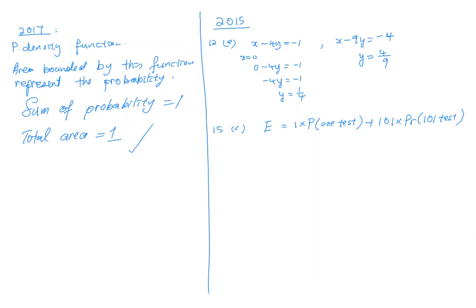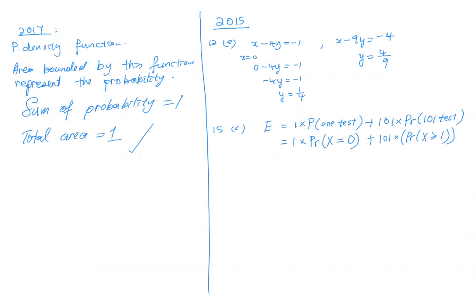And this one is 1 times the probability that all are negative, none is positive, plus 101 times the probability that as long as one is positive, then you have to do the test.